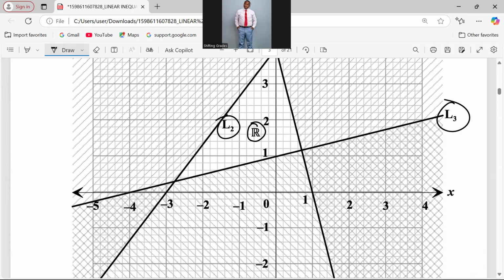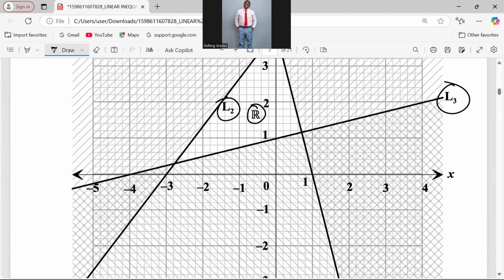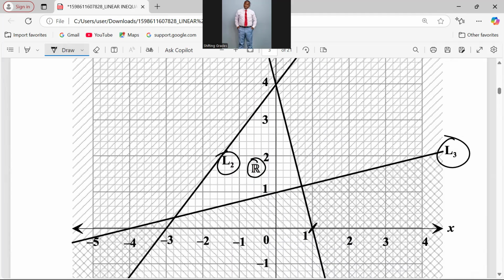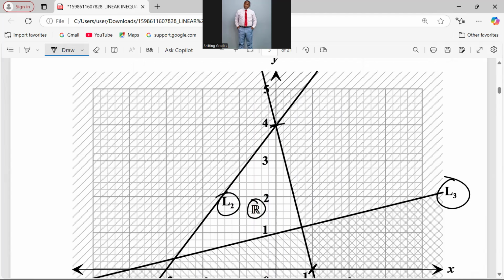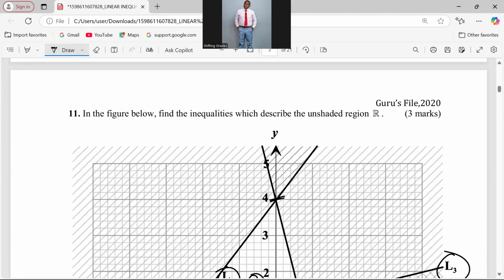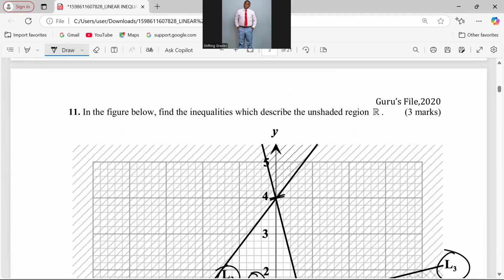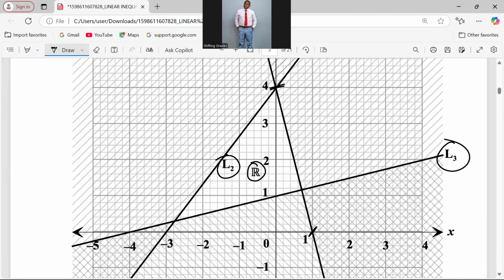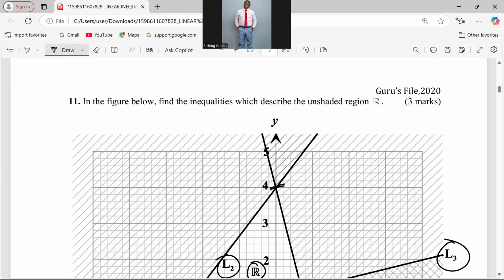The coordinates that we can pick very quickly and use are the intercepts, whereby there is 1 here. The other intercept is 4. So for L1, we can say that some of the coordinates lying on that line are 1, 0, and the other one here, which is 0, 4.